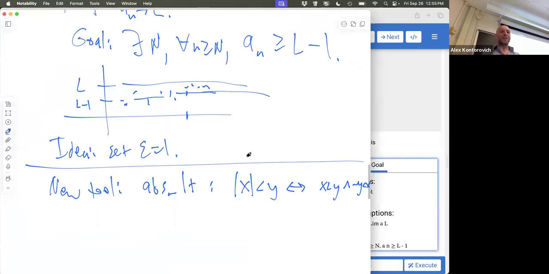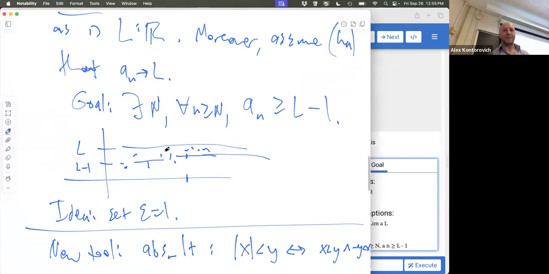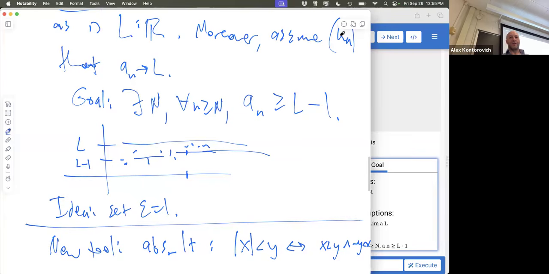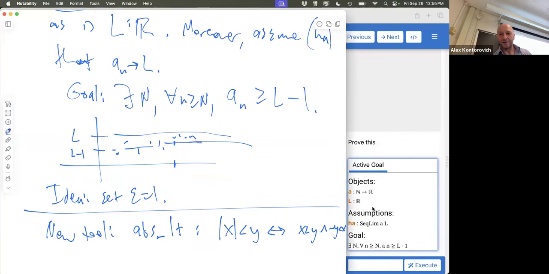So we have this new tool. The idea is to set epsilon equals 1. Let's try to realize that idea. The hypothesis HA is that we do have A going to L. Continuing the proof, what do we want to do? Sean. Exactly.